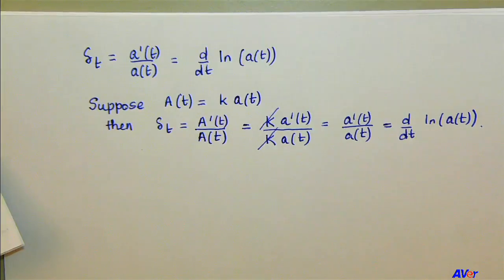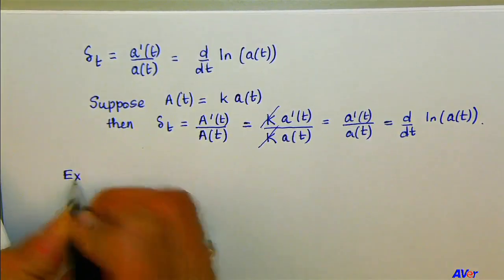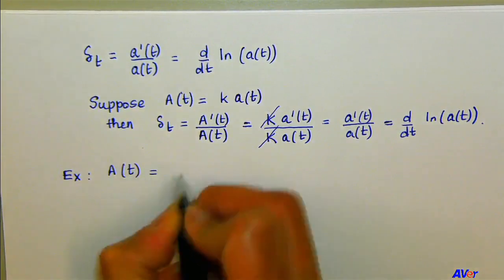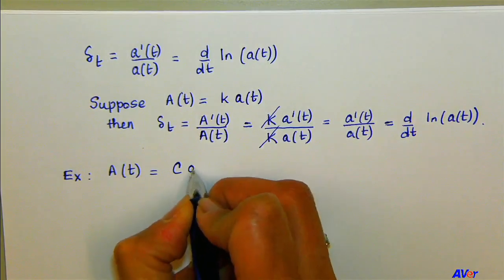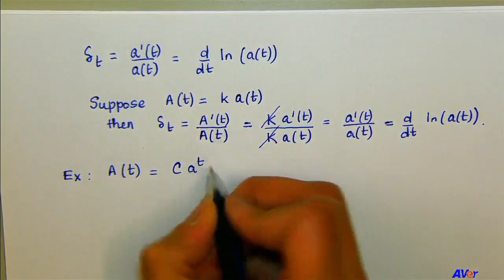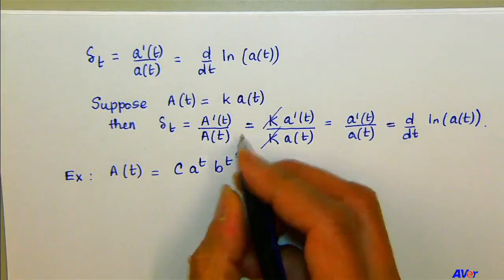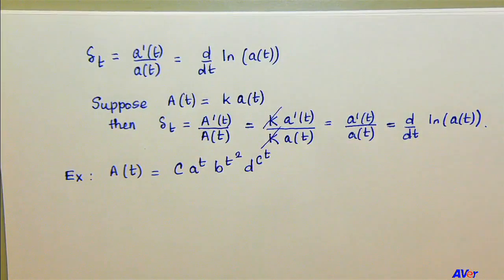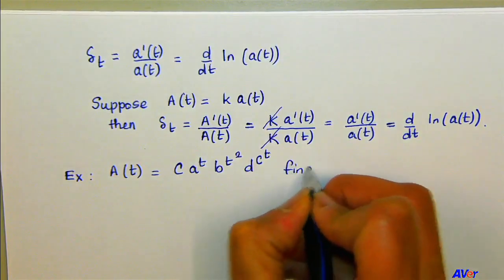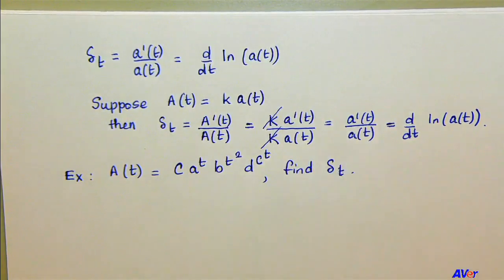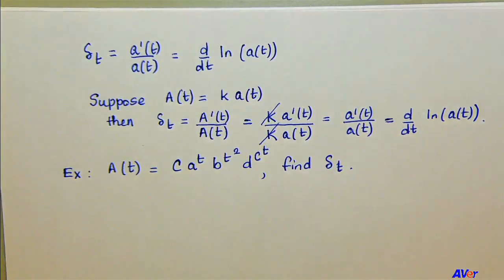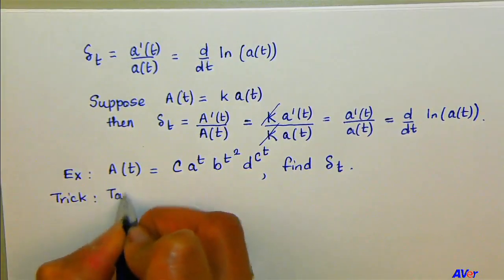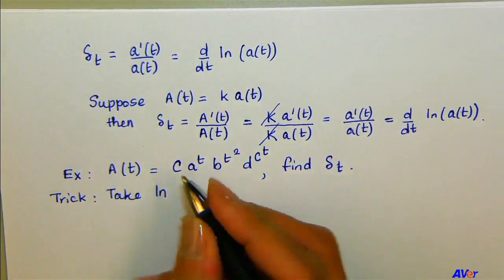Let's say that capital A of t is equal to c, which is a constant, times a to the t, times b to the t squared, times d to the c to the t. Find delta of t. That's the question. So the trick here is take the ln of everything.